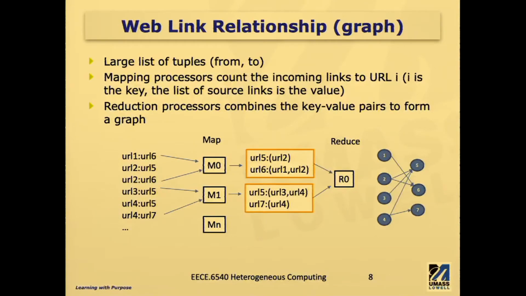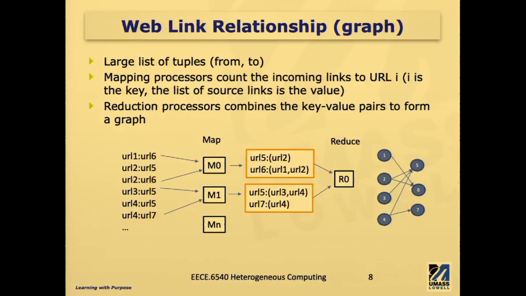In this example, our key is, of course, the URL, the address of that web page. The value here is actually not a single value. It's actually a list of the web pages that are linked from this first URL, the key. And we can output a lot of these key value pairs.